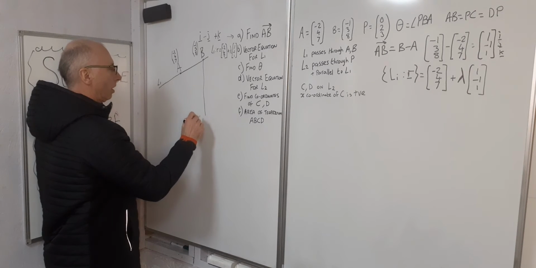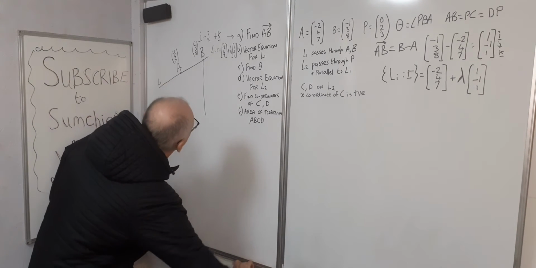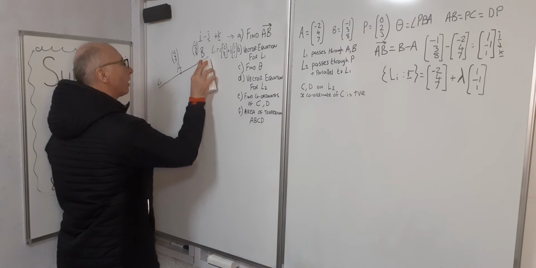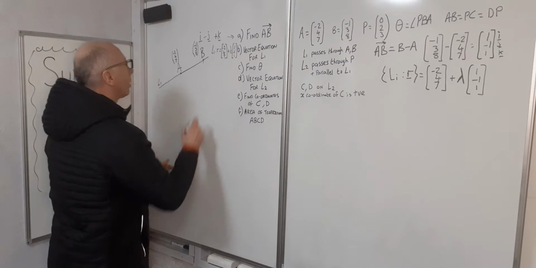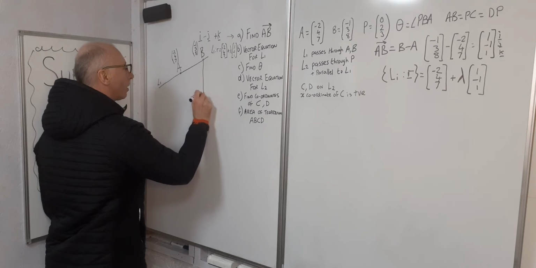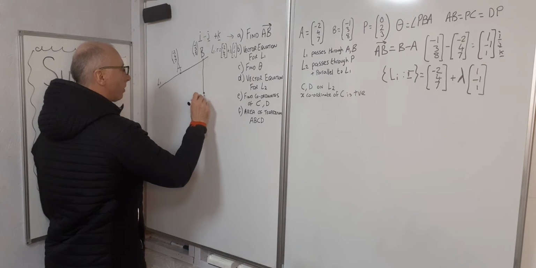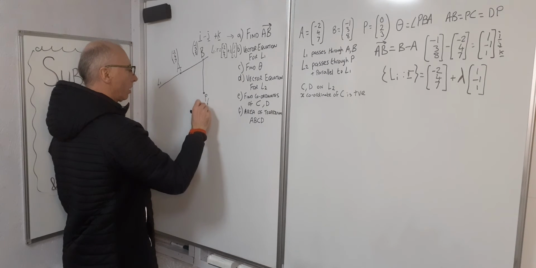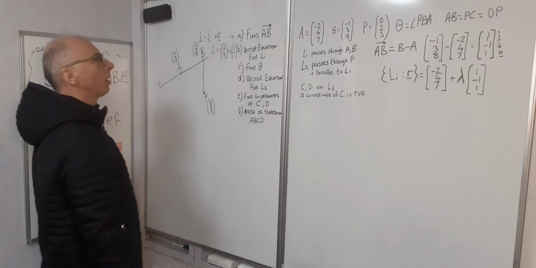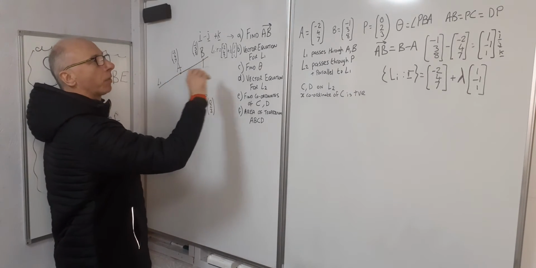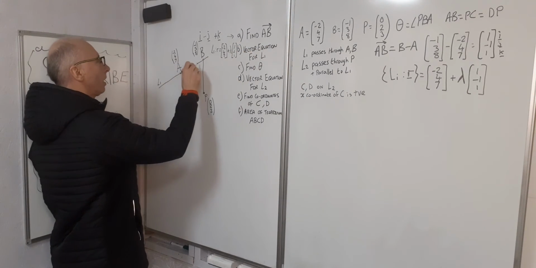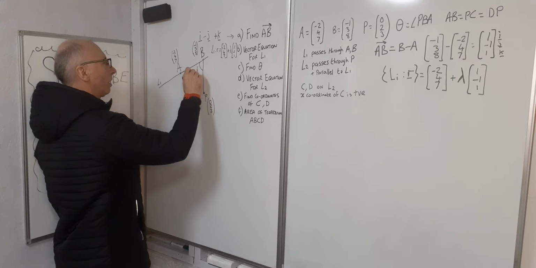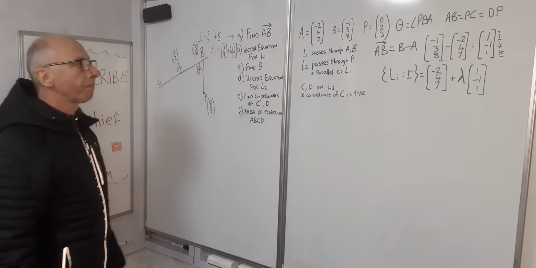Let's make that a bit more of a straight line. Okay, that gives us P. And P is 0, 2, 3. That's our point P. And so therefore PBA, this angle here, is going to be theta.